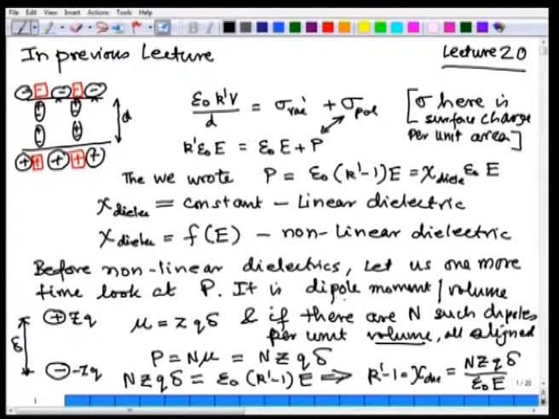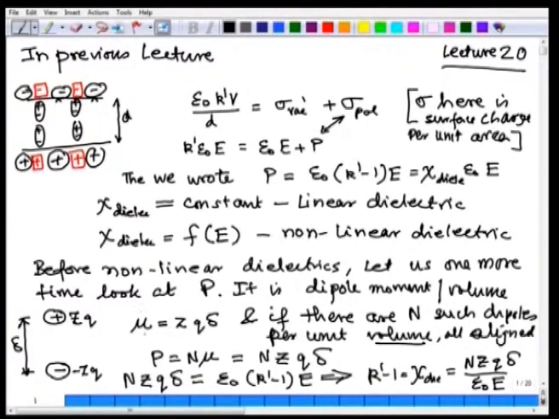If there is a dipole with plus charge and minus charge, where Z represents the valency and Q is the fundamental charge of an electron, then plus ZQ and minus ZQ are these two charges separated by a distance delta, and this dipole moment is defined as ZQ delta.